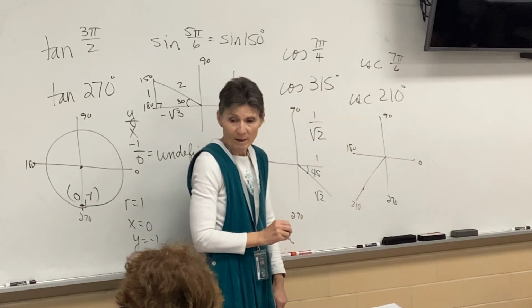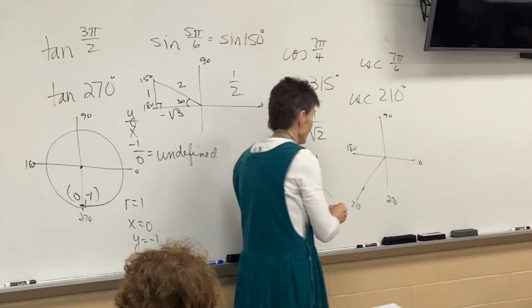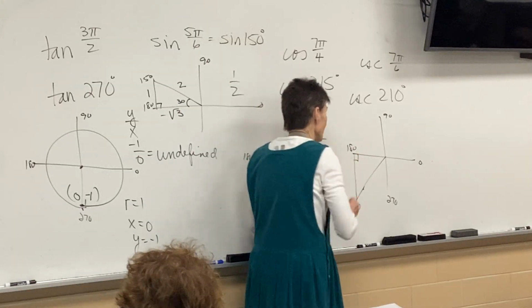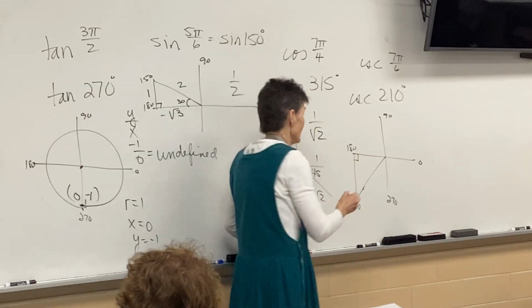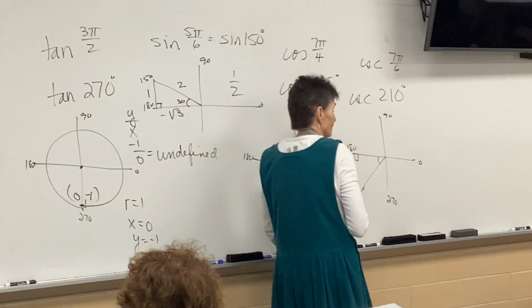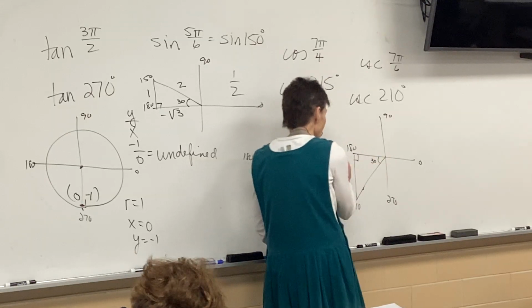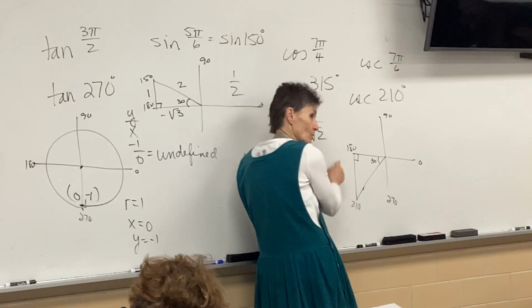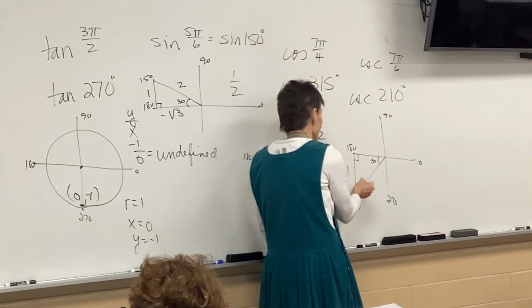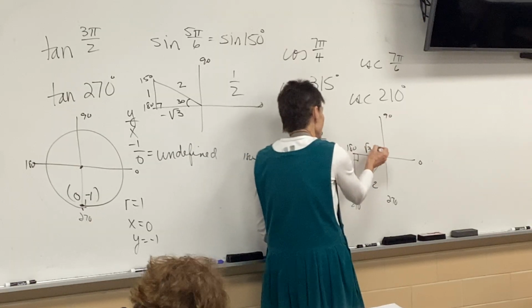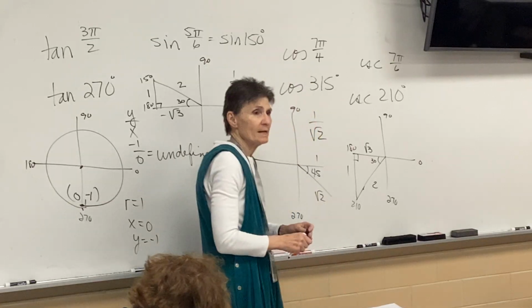Everybody got it in the right spot? Okay, if that's 210, there's my triangle. And my angle is 30. Because 180 to 210 is 30. So 1, 2, √3. How about negatives this time?